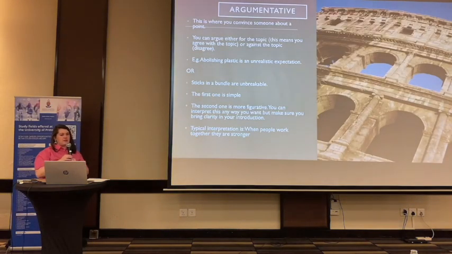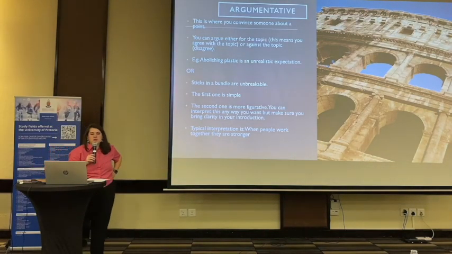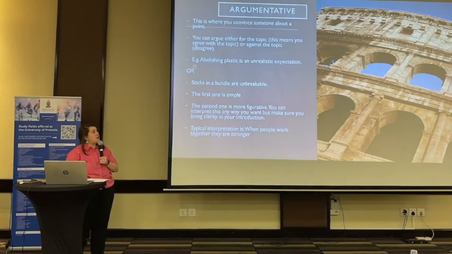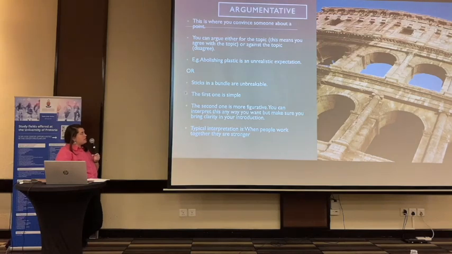The next type of essay that you get is argumentative. So this is when you're going to try and convince someone about a point. It can either be, so this, "Abolishing plastic is an unrealistic expectation." This one was in paper 3 of last year. But this one was in, I think, 2016: "Sticks in a bundle are unbreakable."